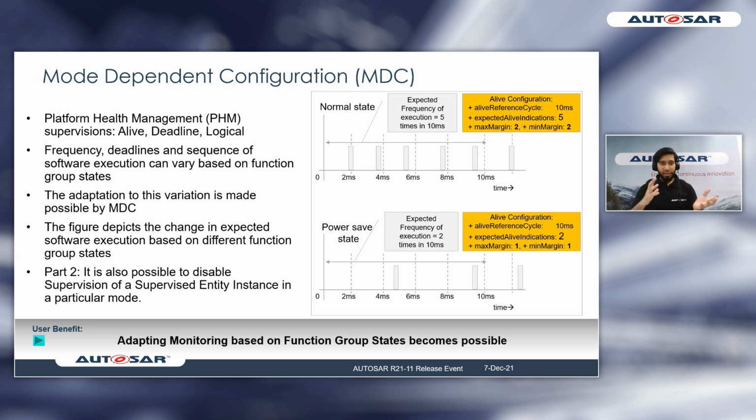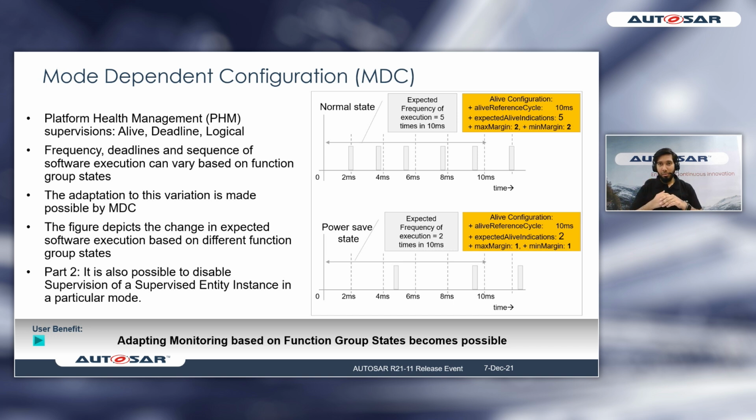This was also divided into 2 parts. The second part was to make it possible to disable a supervision in a specific mode. We may want a safety application to be supervised in a certain mode. A very high abstraction level example would be a radar or lidar sensor when we're on autonomous driving or ADAS systems, like adaptive cruise control.